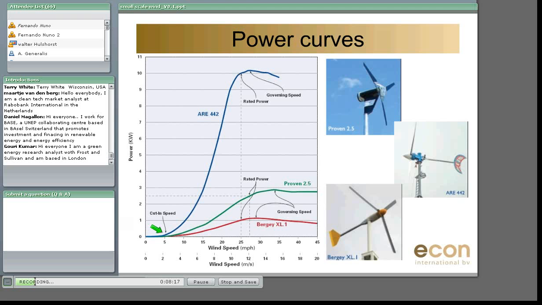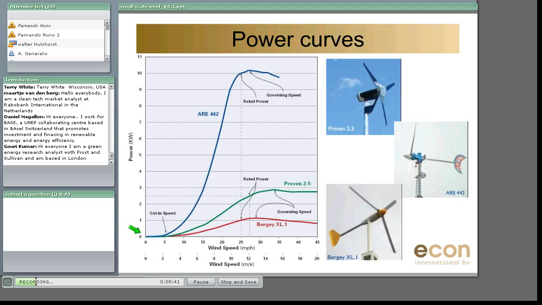I think most turbines have a cut-in wind speed of between 2 and 4 meters per second. If you buy a turbine and you have to compare some of them, please buy the one with the lowest cut-in speed, because at lower wind speeds it will already start giving you some output.